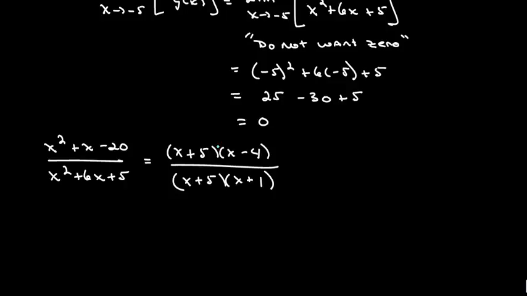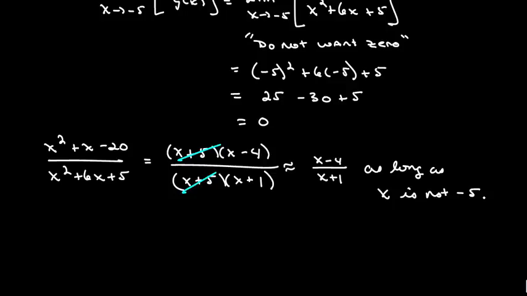And then notice that this guy and this guy, we can cancel. Now we have to be careful. They're roughly equal to one another, but they're not quite the same. This guy on the left is equal to this guy on the right as long as x is not -5. Because over here, when x equals -5, I get something undefined.